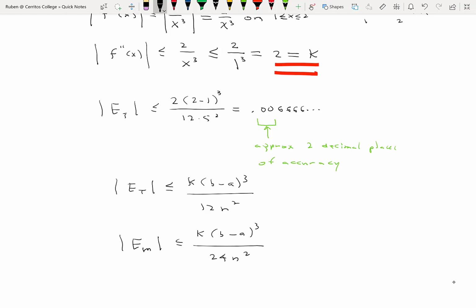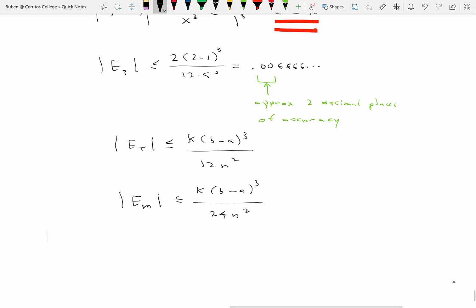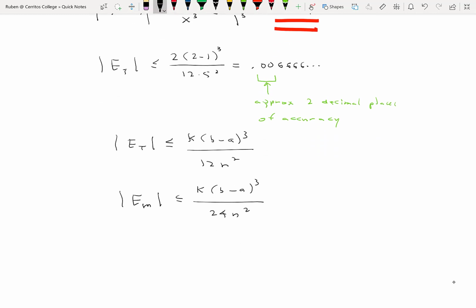Okay, so let's just move on with our maximum error for the midpoint rule. We figured out the maximum error for the trapezoid rule is about 0.006 repeating. So with the midpoint rule, let's do that for our integral. The maximum error using the midpoint rule is no bigger than K. The K is the same for the midpoint rule as it is for the trapezoid rule, so it's 2.